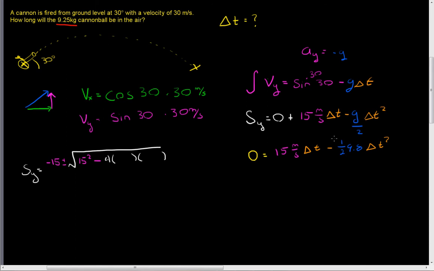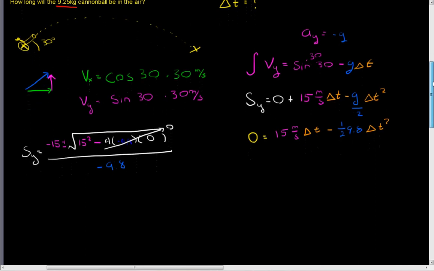Now a is going to be 1/2 of our gravity, which is negative 4.9, times c. We don't have a c, so it's going to be 0. This will zero out. Worked out nicely. And we have this all over 2a, which is negative 9.8.